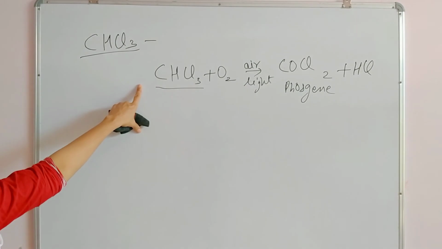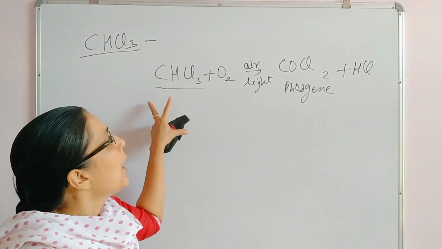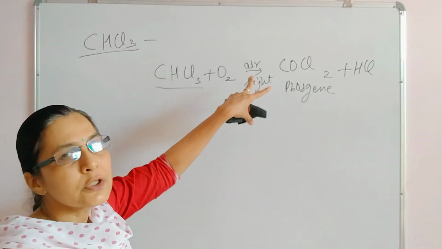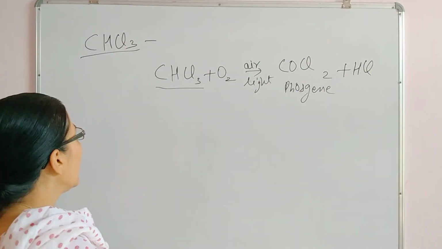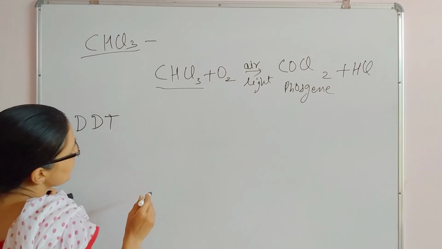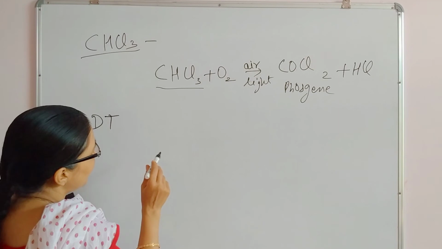It is a very useful laboratory reagent. In the laboratory also it is used and these are the precautions. So how to store this chloroform? Next compound is DDT. DDT's structure is para dichloro-diphenyl.